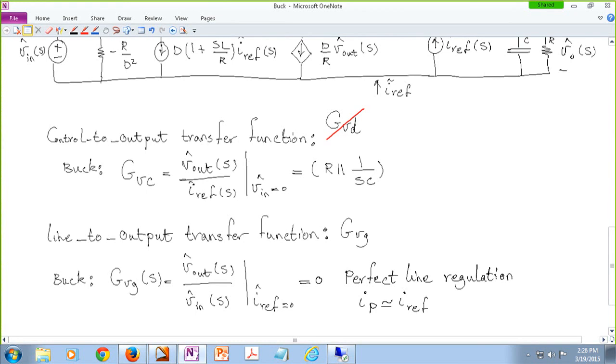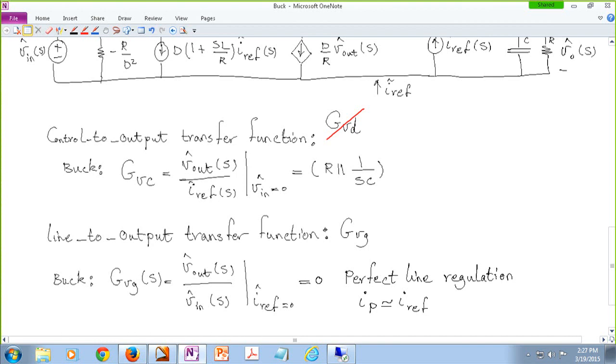If you're using a boost converter in a solar application, you are trying to control the current that you're drawing from the source, which is your solar panel. So you are using this for that, but not because we have a perfect line regulation, because this only holds for this buck converter. And we don't use that buck for those applications. All right, any other questions?